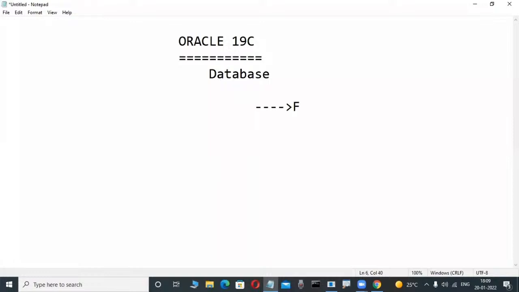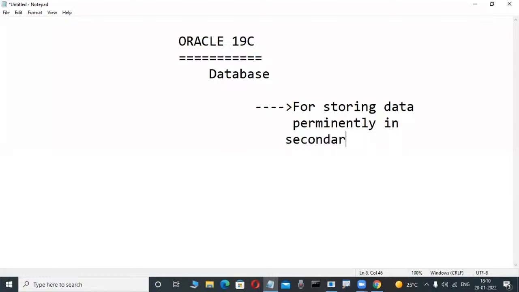For storing data permanently in secondary storage devices. Secondary storage devices means maybe hard disk.